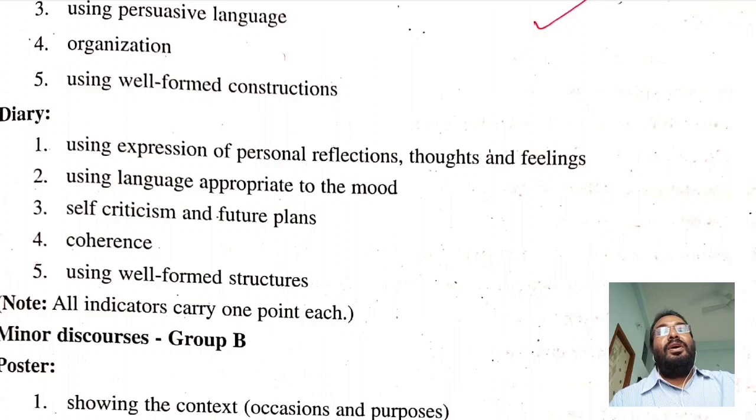The mood of the diary should be proper. Sometimes you can have self-criticism. Sometimes you can write about your future plans. So for example, in the first lesson, Nick is writing a diary after his attempt at suicide. So he can say as a self-criticism, what a foolishness that I did. God has created me in this way to give strength to other people.